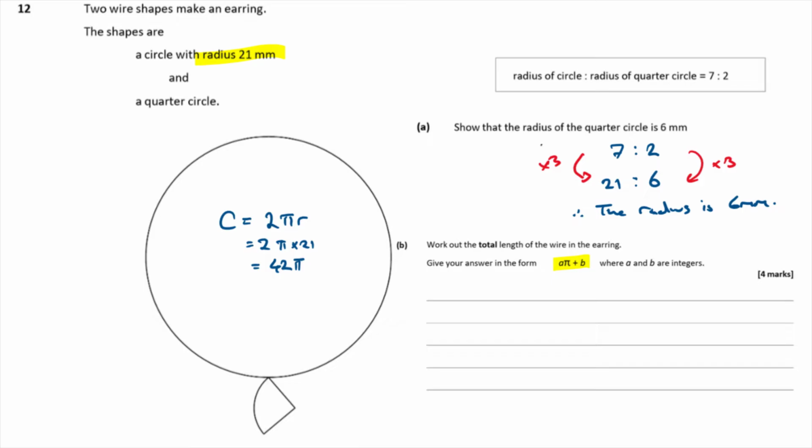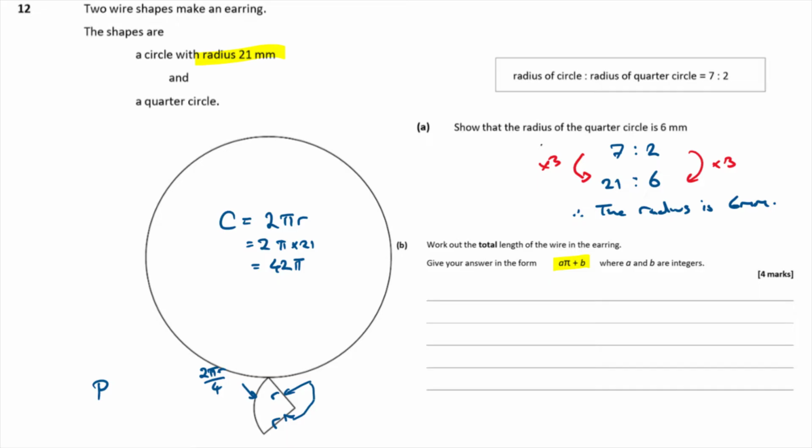Now the perimeter of the quarter circle is not quite so straightforward, because the perimeter is going to be made up of this part here, which is a quarter of a circle, plus these 2 sides, which are 2 radii, aren't they? So that's r, and that's going to be 2 pi r over 4, for whatever value of r we've got.